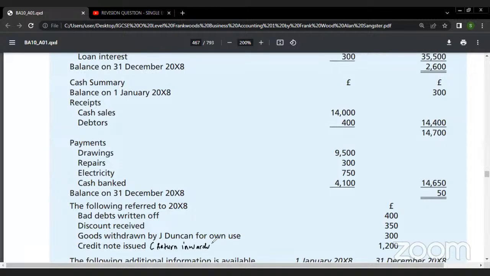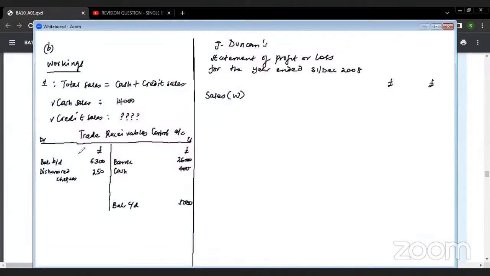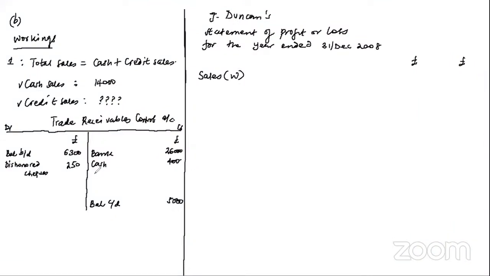So these are return inwards. The impact of this on the receivables account is that the account is going to reduce. So we shall credit this, because you sold goods, but now some of the customers are returning these goods. So let's go back to our working, and then you see how we can enter this also. So we have bad debts.